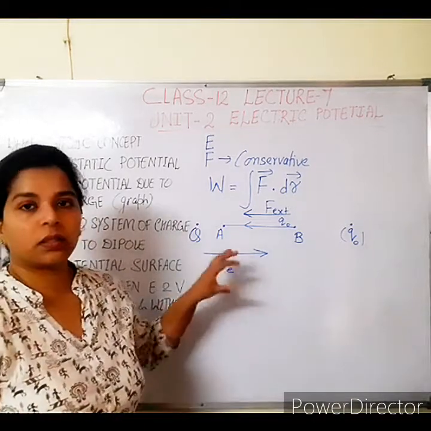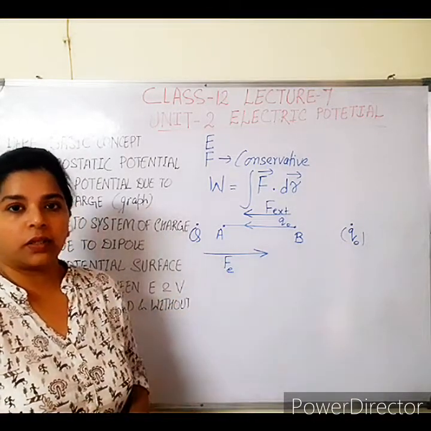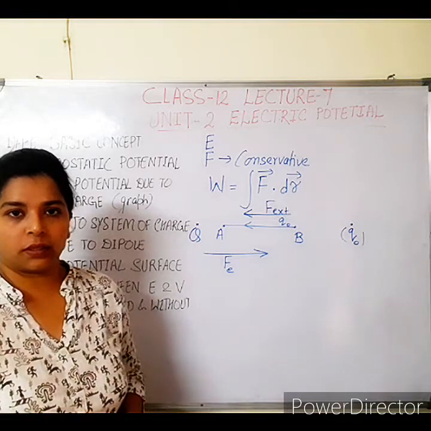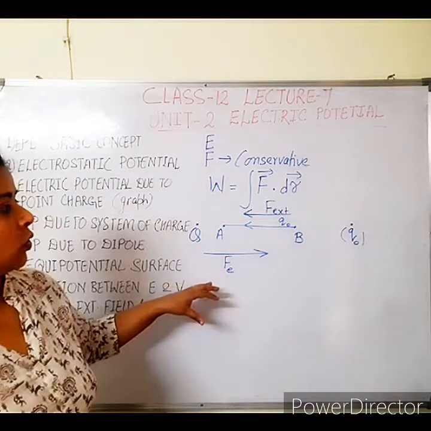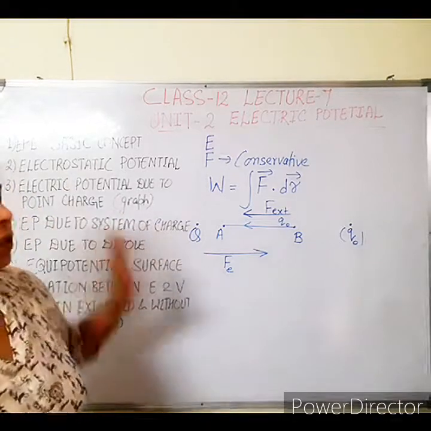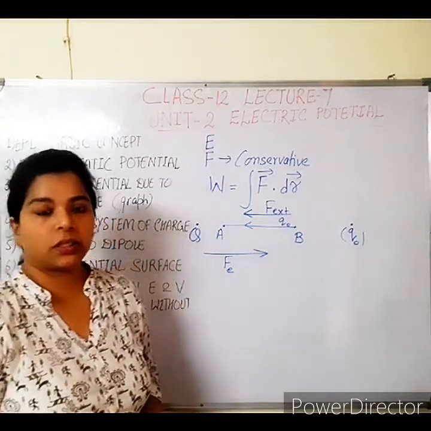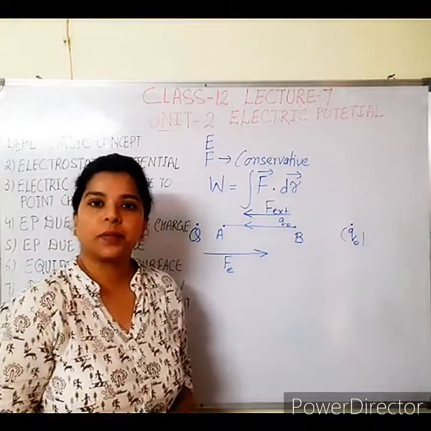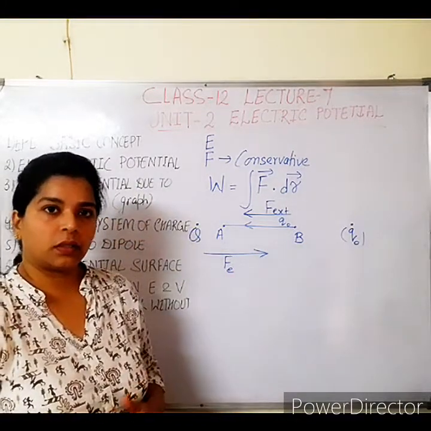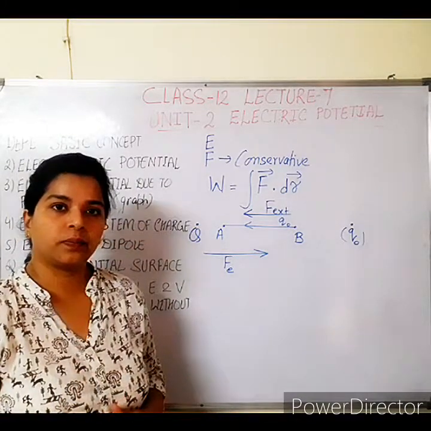Here we are doing some work, so that work can be converted into a form of energy. That energy corresponds to the electrostatic potential energy, because it is linked with the charge. So external work is required.